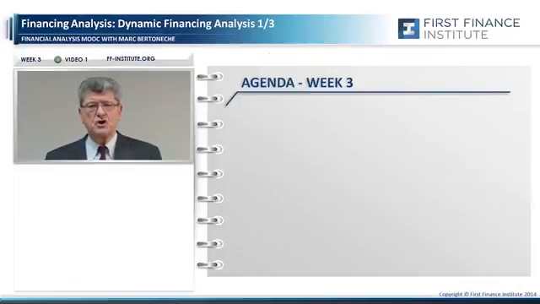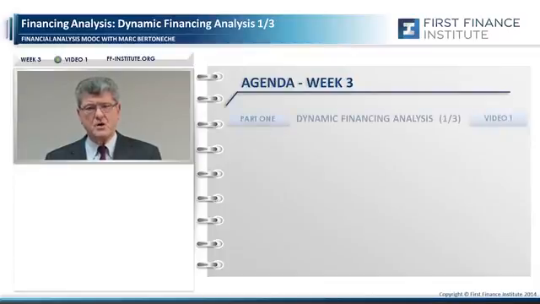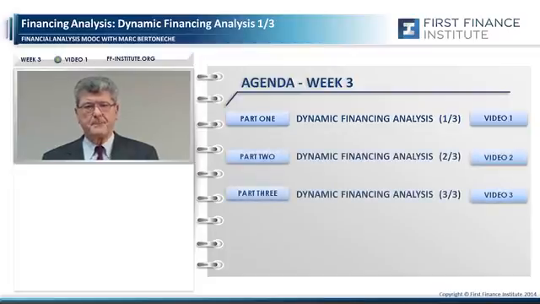We will first look at financing from a dynamic viewpoint. How has the company financed itself through time over the last years? This will be covered in this video and in the next 2 ones.